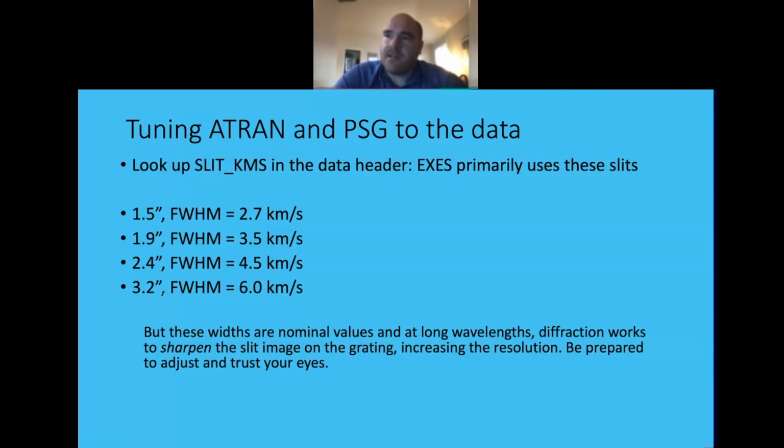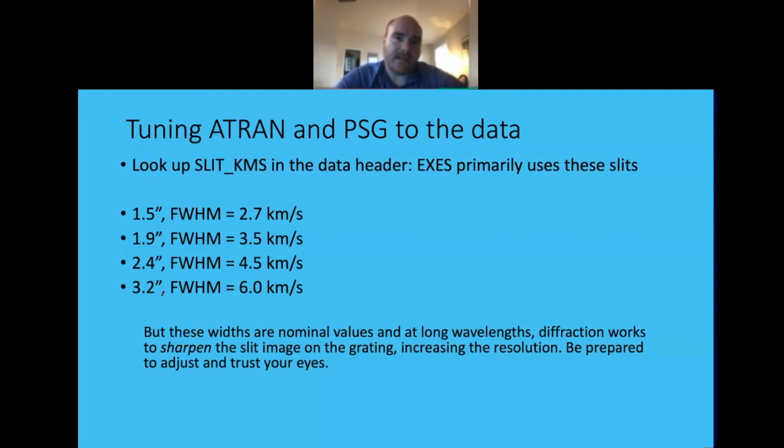But here's where I note, and this is something that I've only come to appreciate in the last year or two, that at the longer wavelengths, we start to see sharpening of the resolution. The inventor of the instrument, John Lacey, and I talked, and he thinks that it's because of slit diffraction, where as light passes through the slit, the profile that hits the grating is softened and sharpened onto the detector.